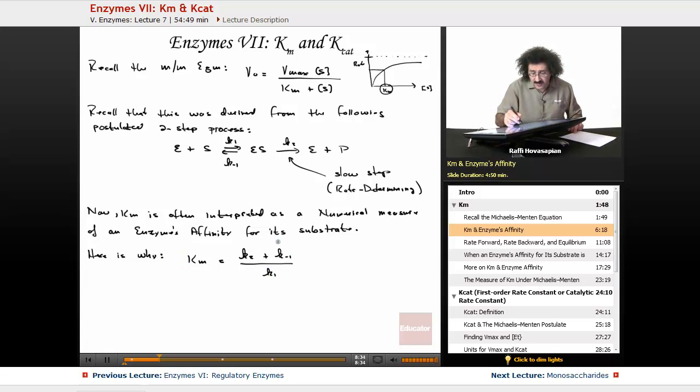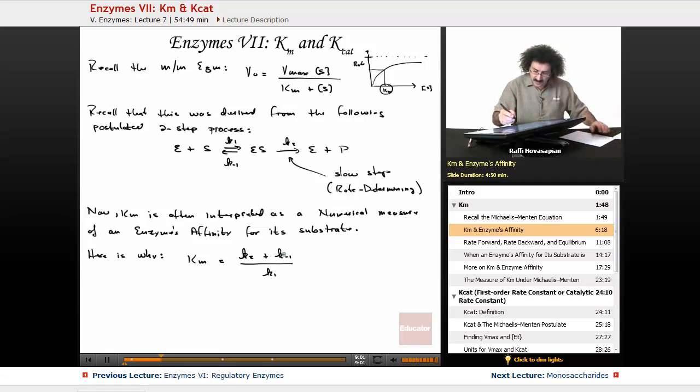The actual definition of Km is this. Our interpretation this way makes more sense intuitively because we have a graph that represents it. But this is the actual definition. It's actually a combination of the rate constants of a given process. In this case, you have a three-step process. There's one this way, one this way, one that way. So it's a combination of those rate constants.